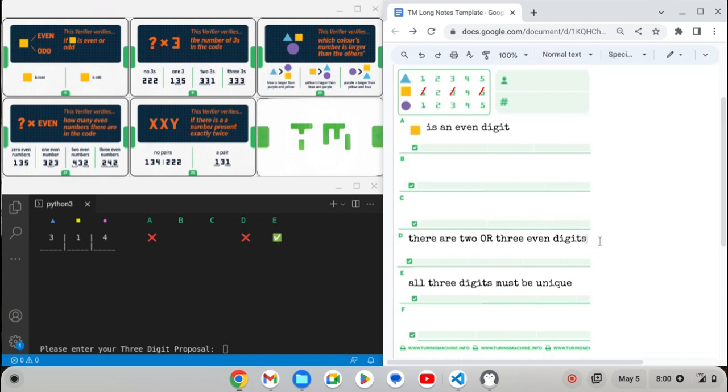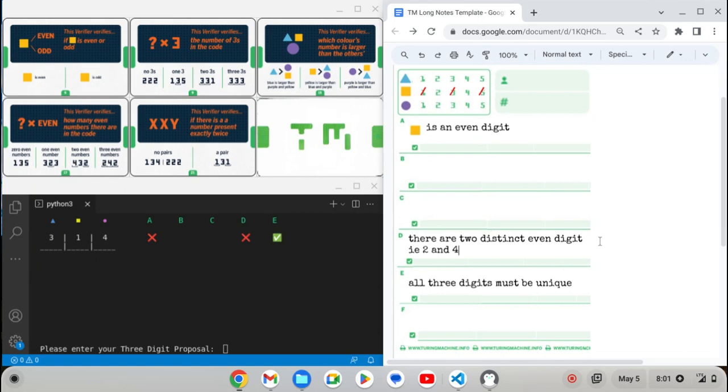So I'm going to update our D notes here and say there are 2 distinct even digits. So, in other words, 2 and 4.